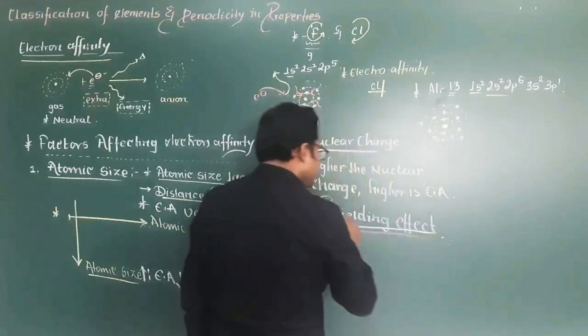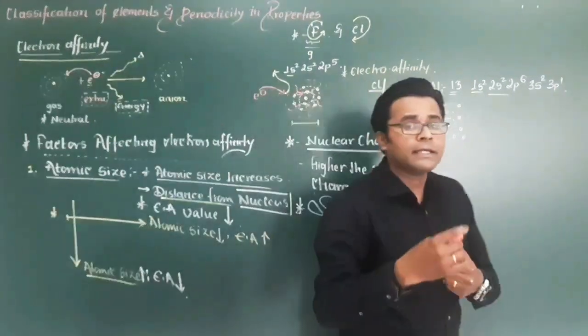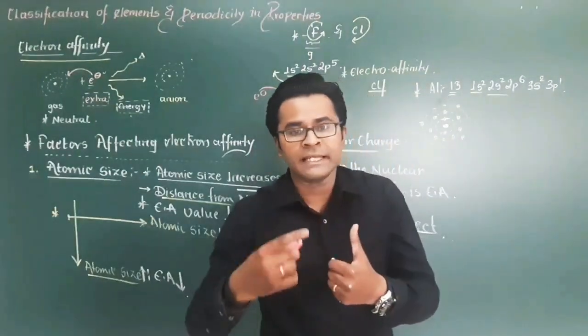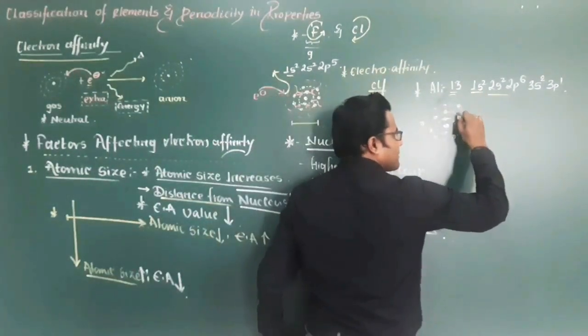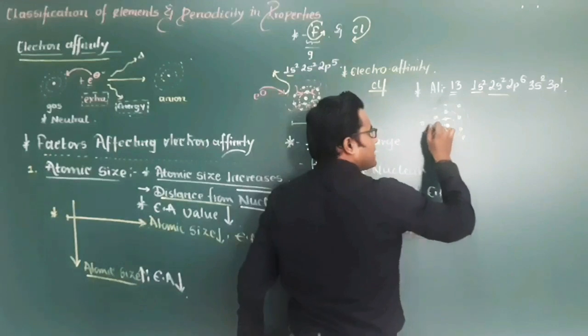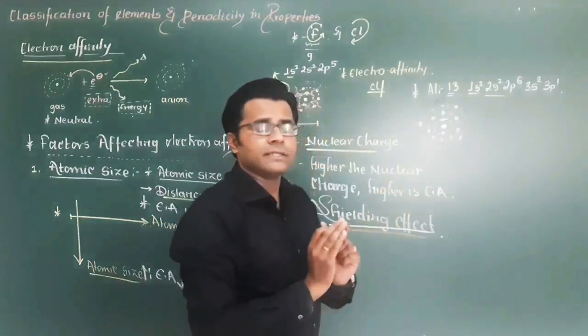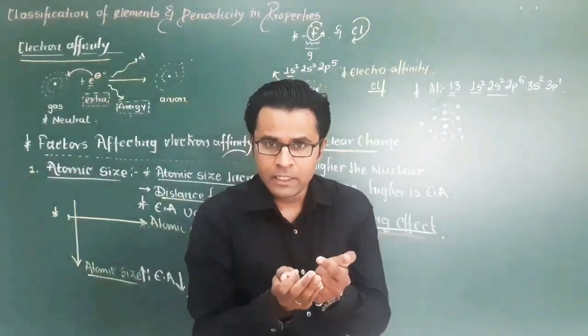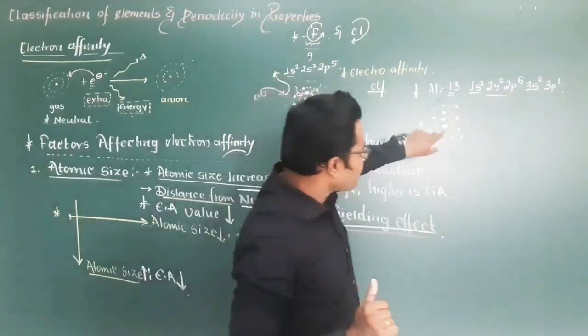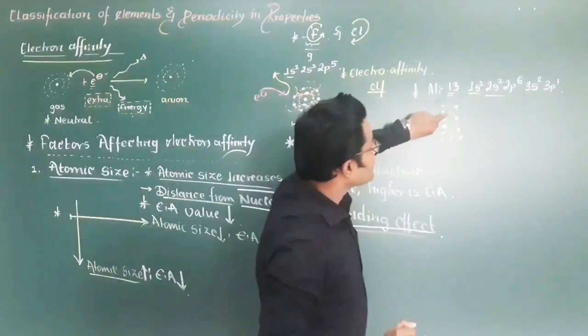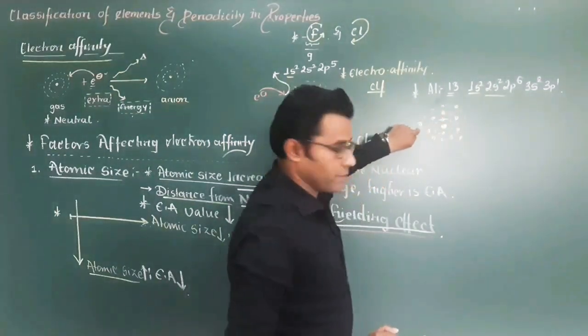Now, what will happen is the shielding effect. The shielding effect is an effect which is produced by the inner orbital electrons. These are the inner orbital electrons. Once the inner orbital is perfectly filled, it will try to reduce the effect of the nucleus on the outermost electrons.